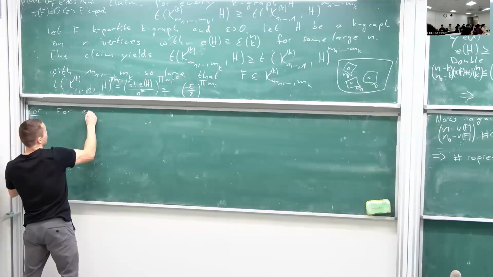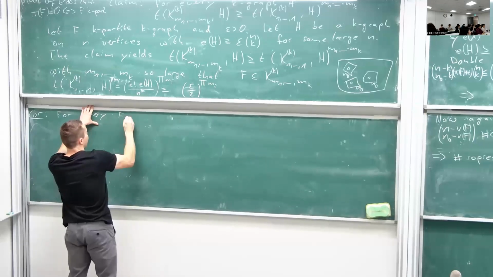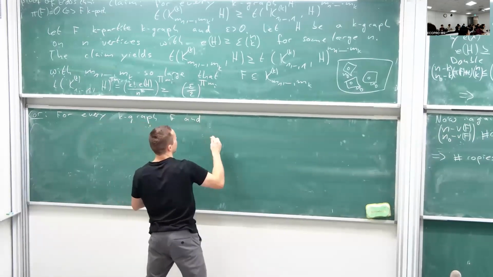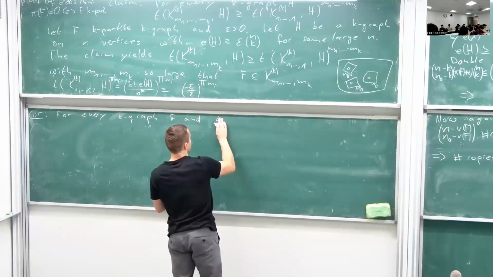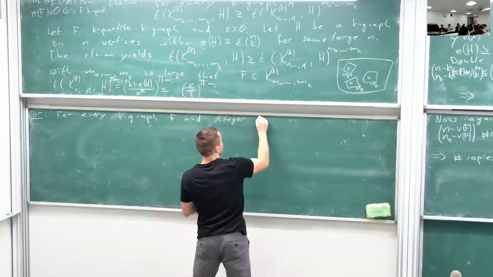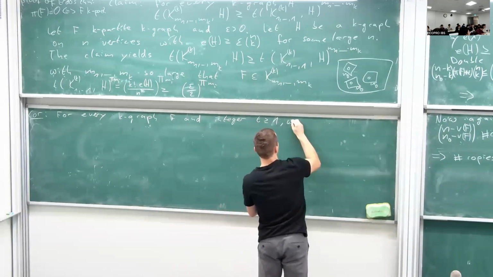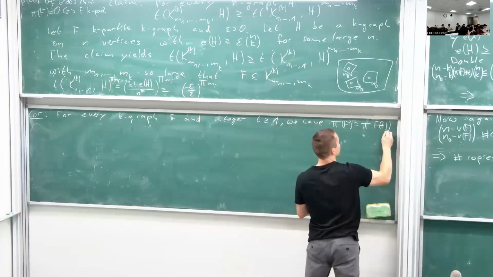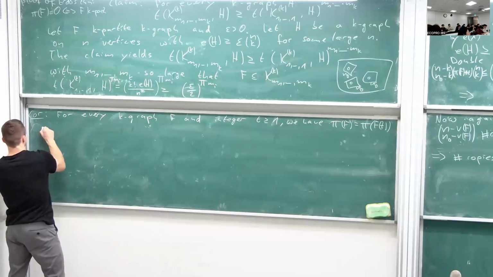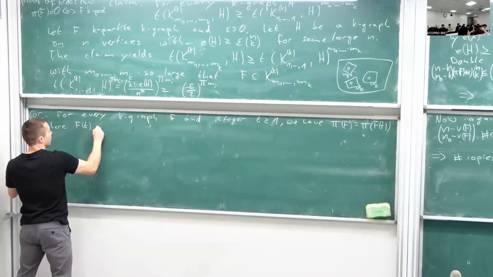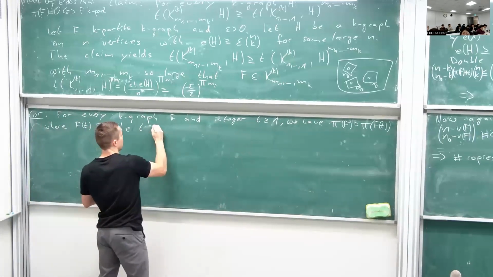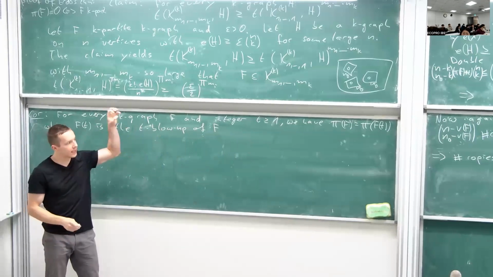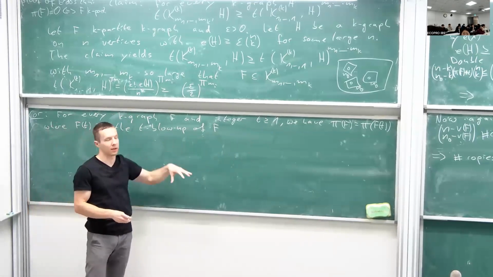So for every k-graph F and integer T, the Turán density of F is equal to the Turán density of Ft, where Ft is the T blow-up of F. Okay, so it is obtained from F by replacing every vertex with a set of T vertices, which are all copies of the original vertex.